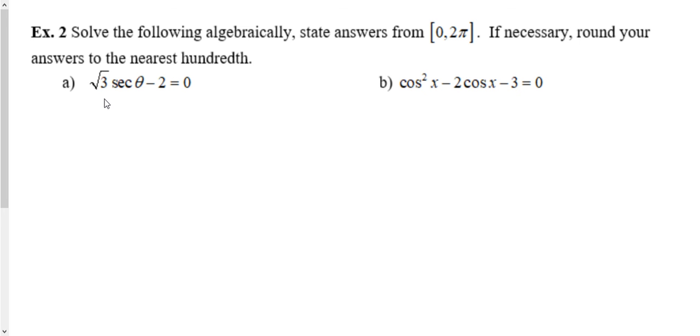So for this first one here, let's isolate our secant theta. So secant theta is equal to 2 over root 3. Secant's the same thing as 1 over cos, so I'm going to quickly flip that around. So that's cos theta is equal to root 3 over 2. From here, what I want to find is theta.